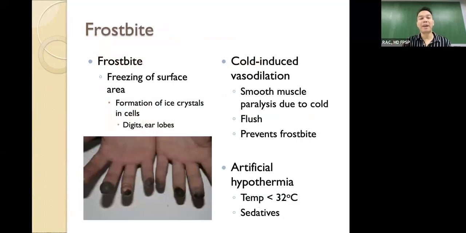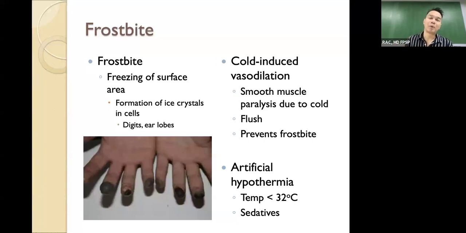Another problem is frostbite. So this is evident in the more distal portions of our body because the body has to maintain the core temperature. So warm blood will be shunted to the more vital organs of the body, sacrificing now the more distal ones like the toes, the fingertips, the tip of the nose, the earlobes. So these are the regions where frostbite might happen.